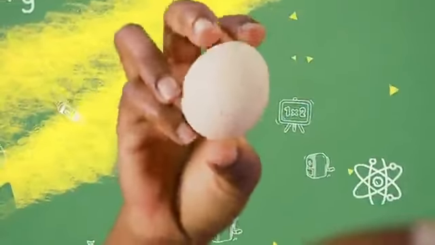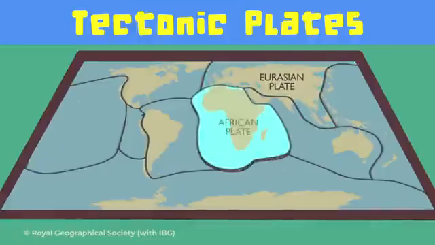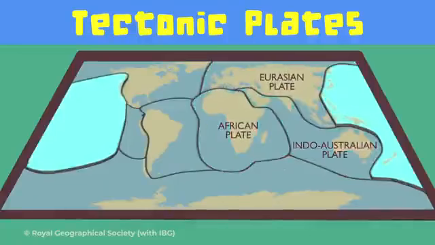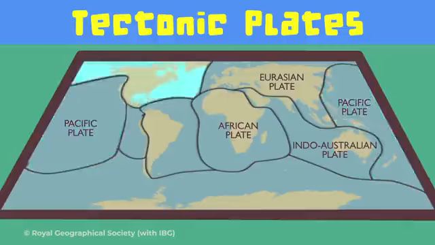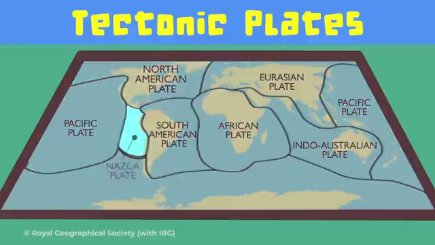Unlike the bread's crust, the Earth's crust is not one piece. Look, if I smash my egg, it breaks into pieces. The Earth's crust is like that too. It's broken into big pieces called plates that house the continents. There are 7 main tectonic plates that cover the Earth, and then some microplates of varying sizes.